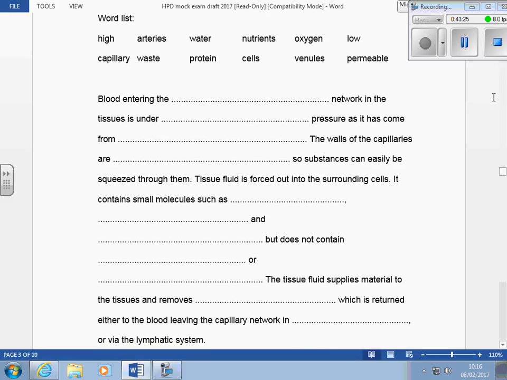Okay. Blood entering the capillary network in the tissues is under high pressure, as it has come from arteries.